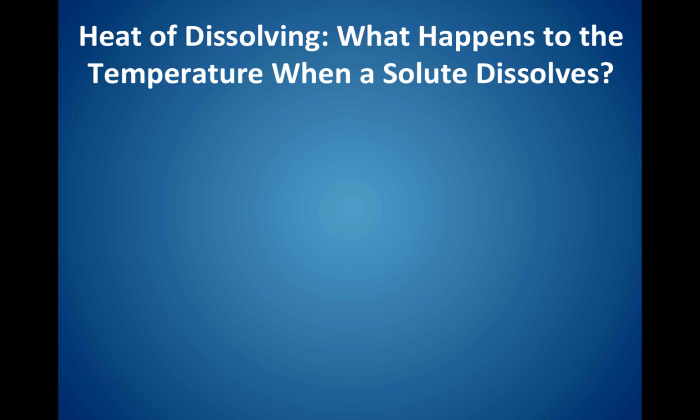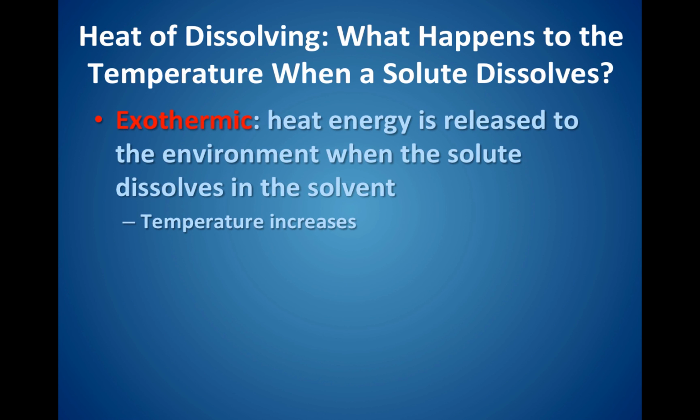Let's now look at heat of dissolving. What happens to the temperature when a solute dissolves? Number 1 is exothermic. In an exothermic process, heat energy is released to the environment when the solute dissolves in the solvent.